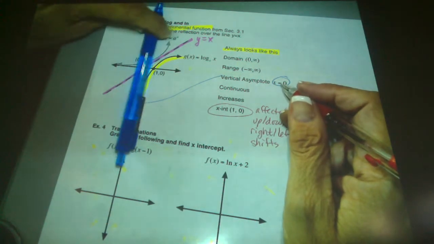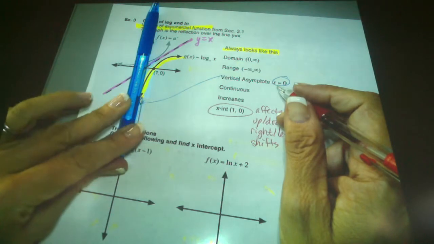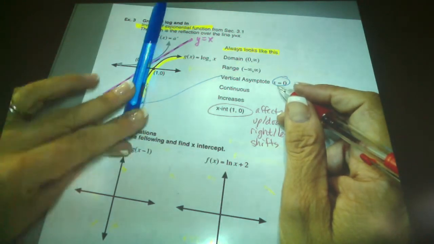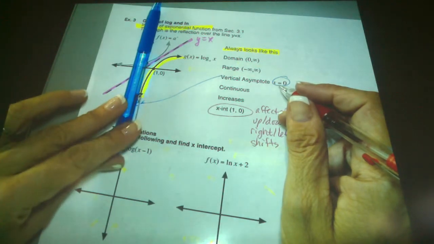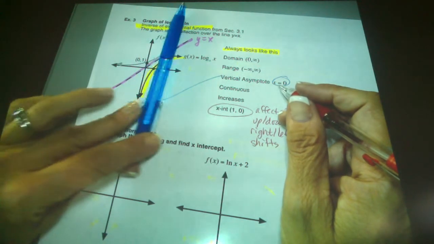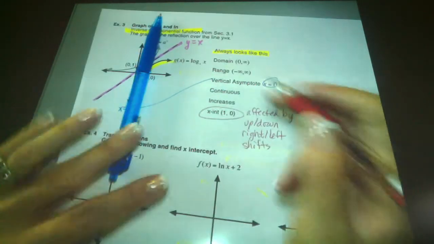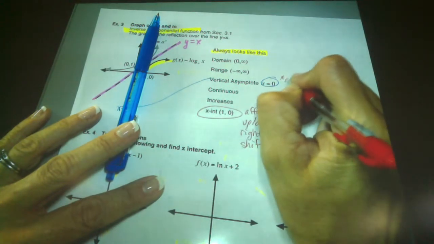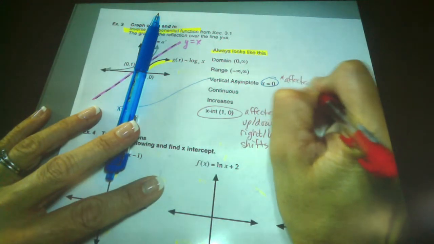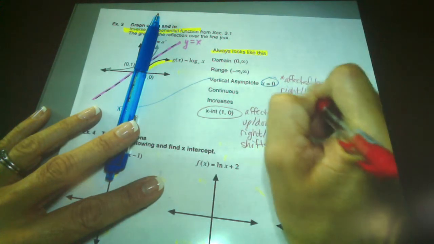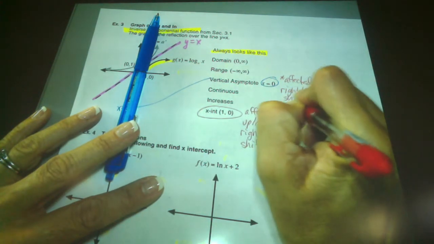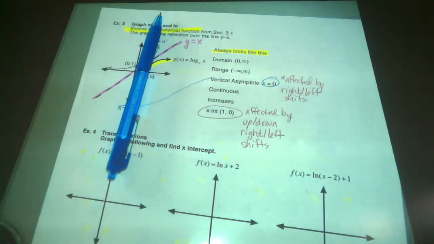Is the vertical asymptote affected by up, down shifts? Yes or no? No, it's in the same spot, right? Is it affected by right, left movements? Yes. So this is affected by right, left movements only. So right, left shifts. So those are the two things we're going to focus on with transformations.